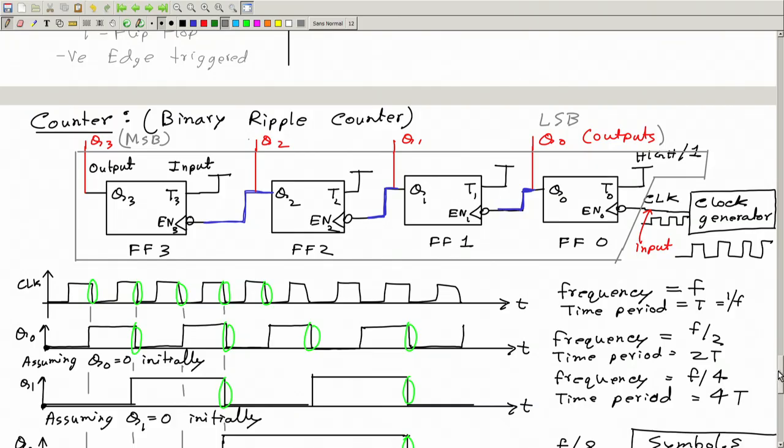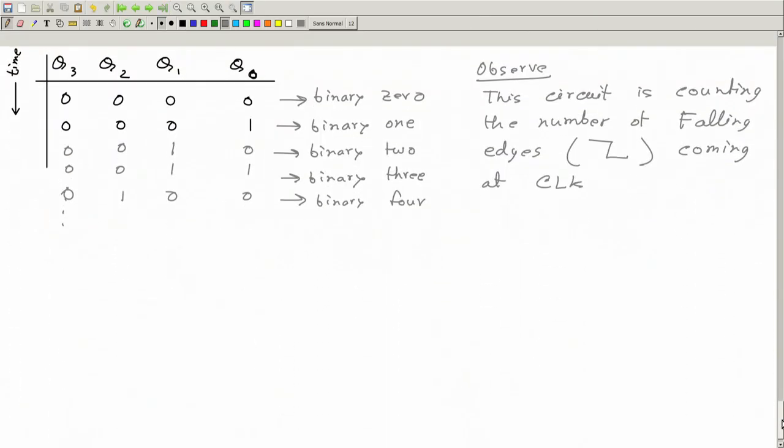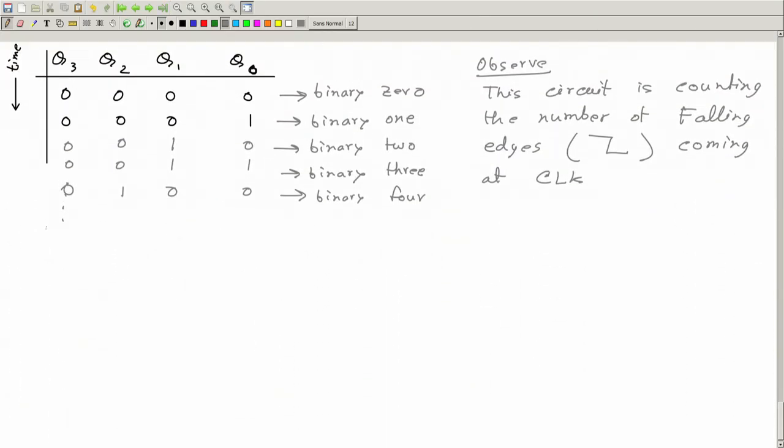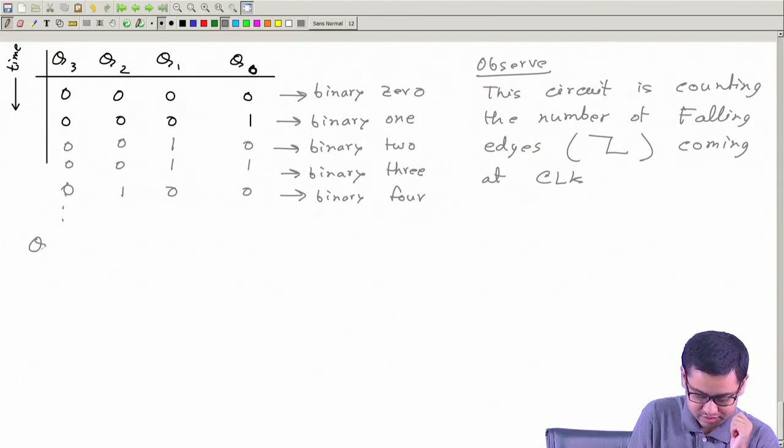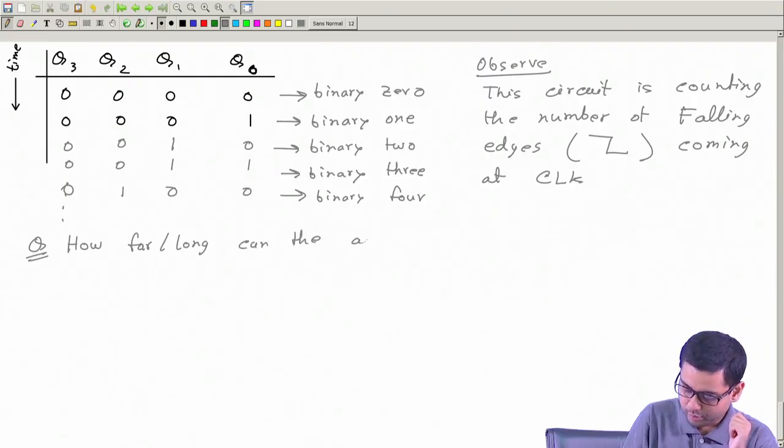Okay, now some small questions which you should answer right now. Question: how far or long can the above counter count?